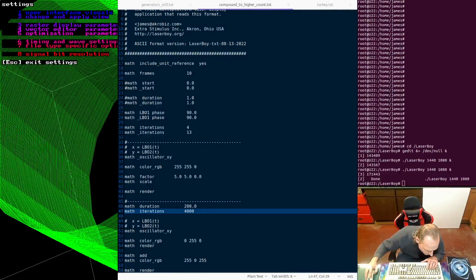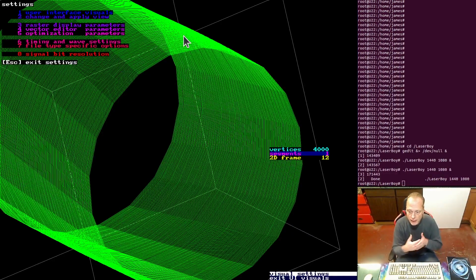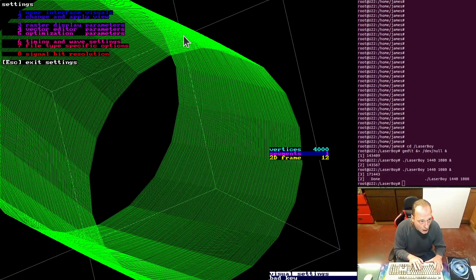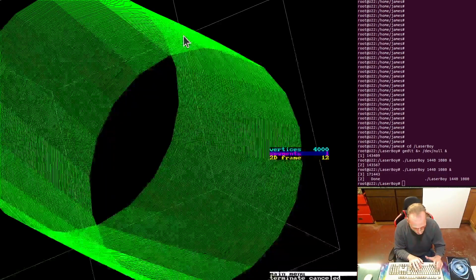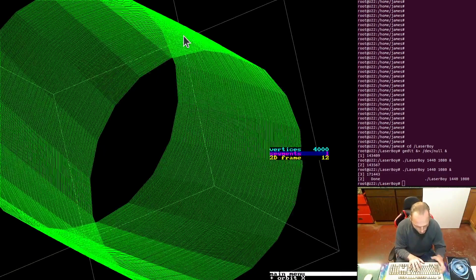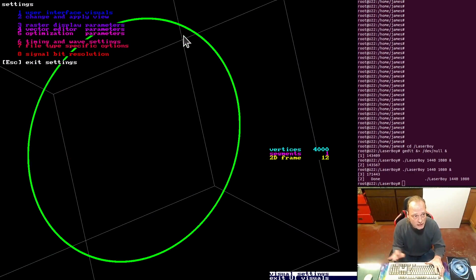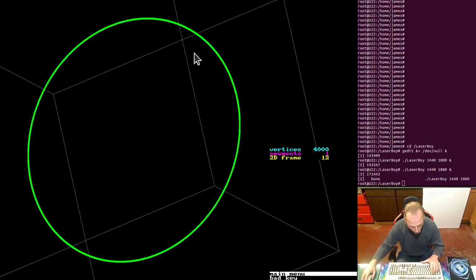It looks like this if you stretch time in Z. It is actually just a circle, okay?